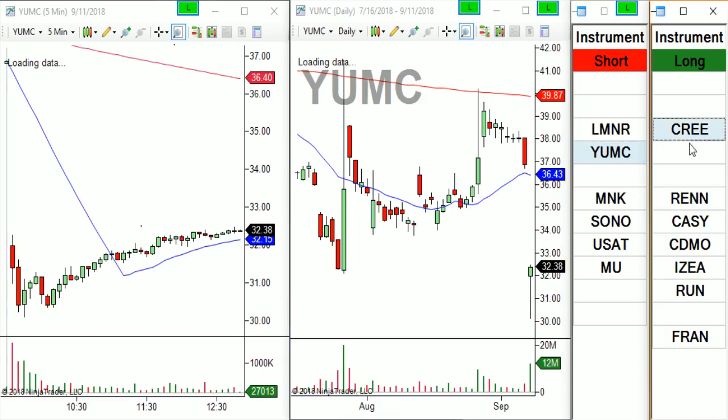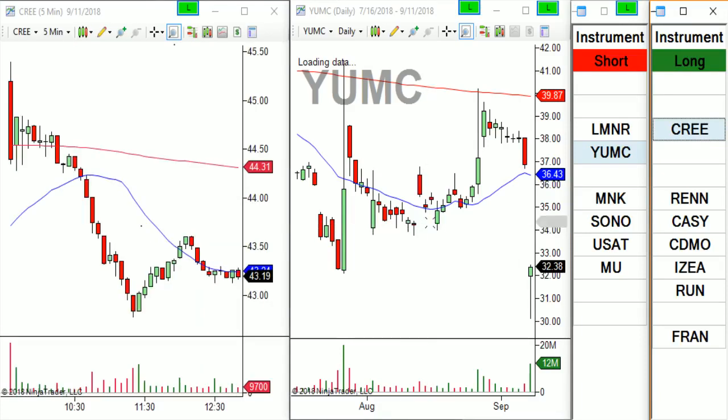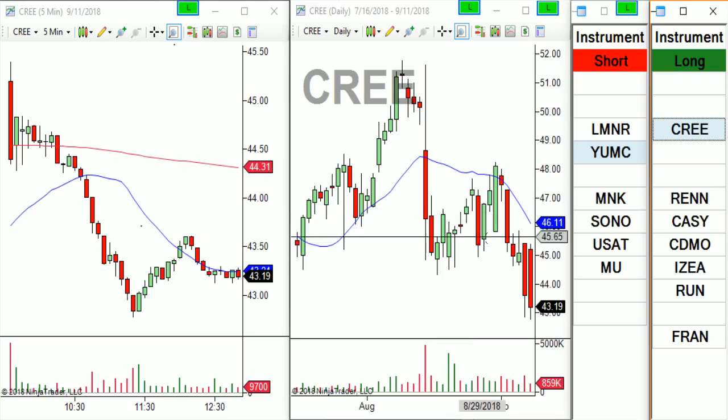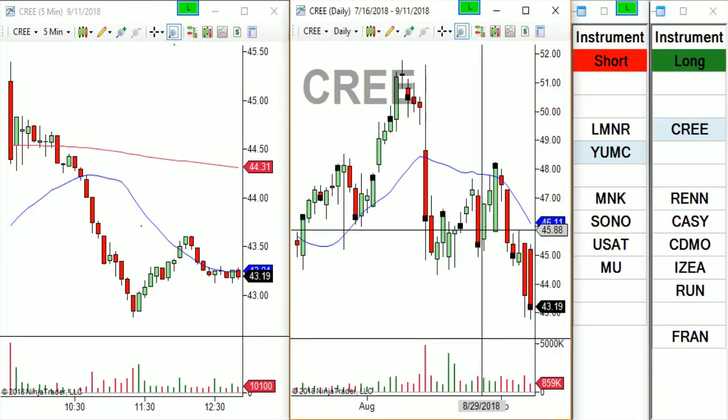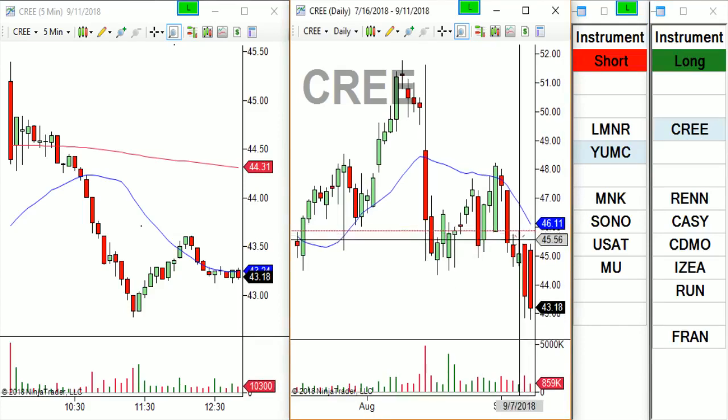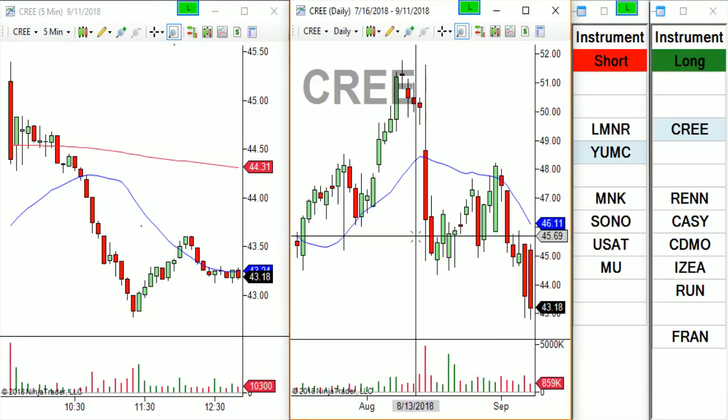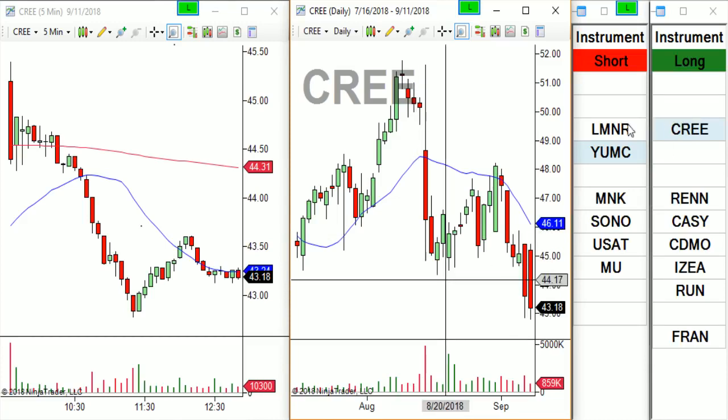Now the CRE, which we'll talk about in a second here, was a tier 2, but it didn't clear. I was looking for it to gap up at least above $46, $45.90 there to clear, but it did not clear. And the LMNR got bought right at the open.